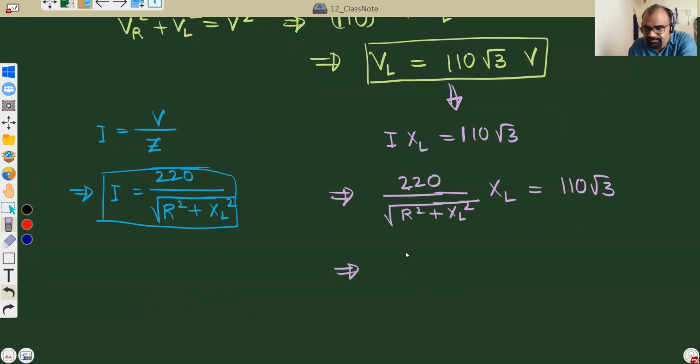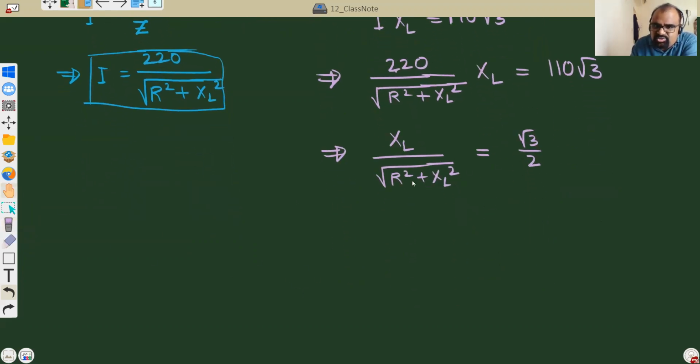So now XL by root over R square plus XL square is equal to what? Is equal to root 3 by 2. Come on, just go there and divide it. Let's square both the terms and let's invert also.